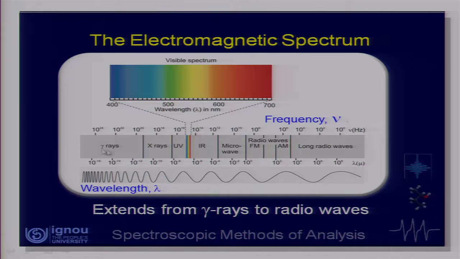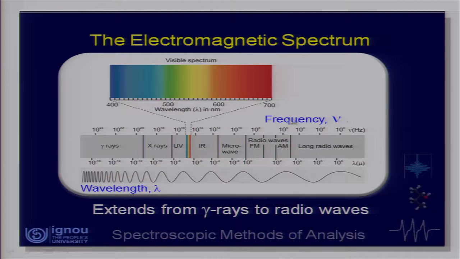The whole spectrum starts from gamma rays to X-rays to UV to visible to IR, microwave and so on, up to long radio waves at the other terminal. Out of the whole spectrum, the visible part happens to be a very small fraction, just to make a point.